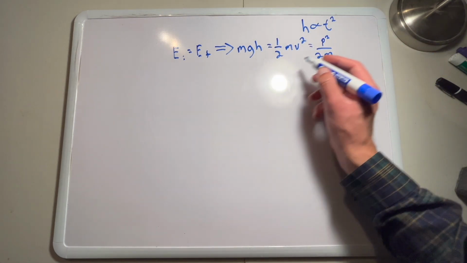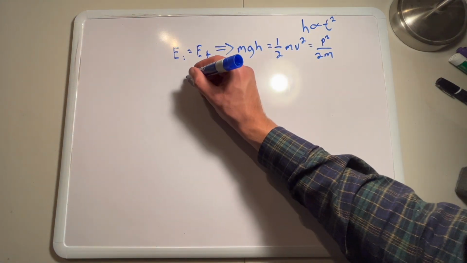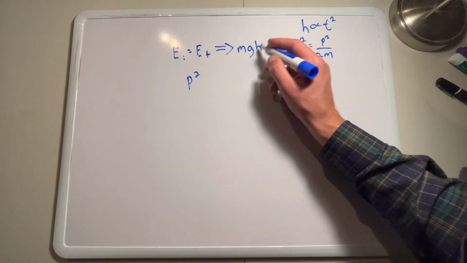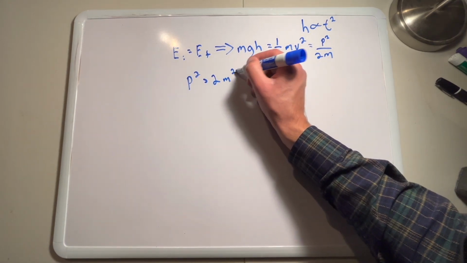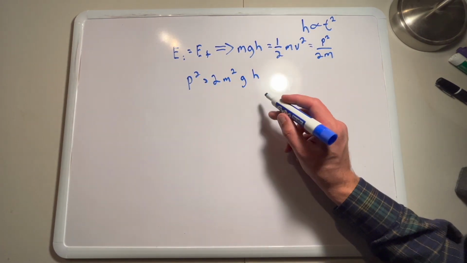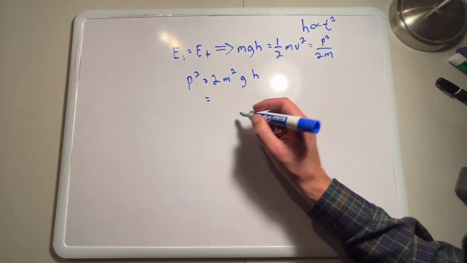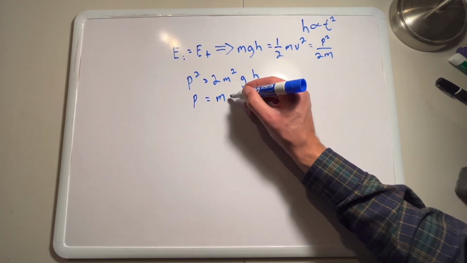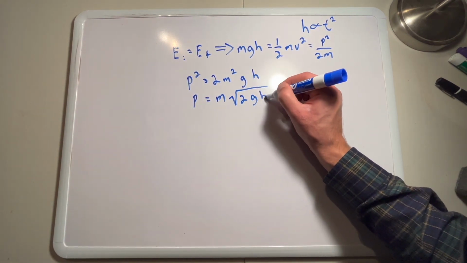So what we can do is get this in terms of momentum, and that will turn out to be, let's just do p squared and then multiply that guy over there. So that will be 2m squared gh. Take the square root of this guy, so that will disappear. That square on the m, and then we're left with p is equal to m times the square root of 2gh.